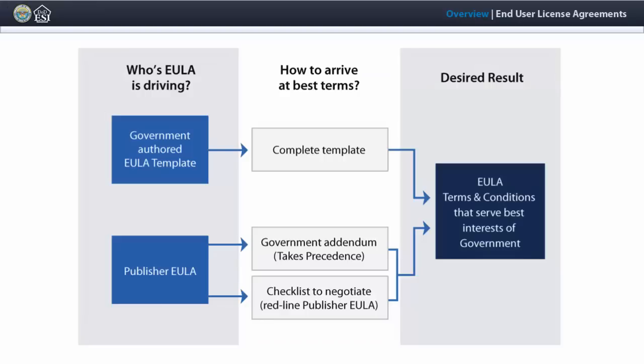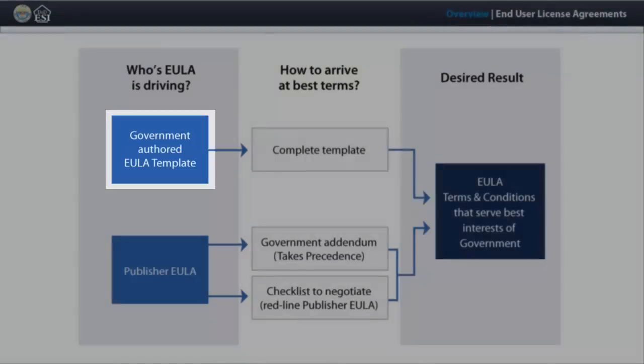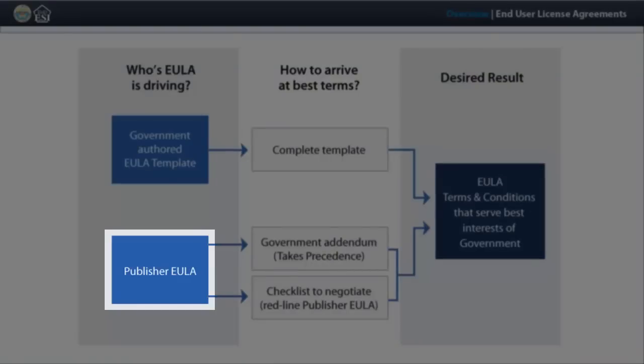When acquiring commercial software, there are a few negotiating strategies that can be used to arrive at a EULA that serves the best interest of the government. The first negotiating option is to require the use of a government-authored EULA. Another option is to start with the publisher's version of a EULA and add an addendum to incorporate all the key terms that the government needs.